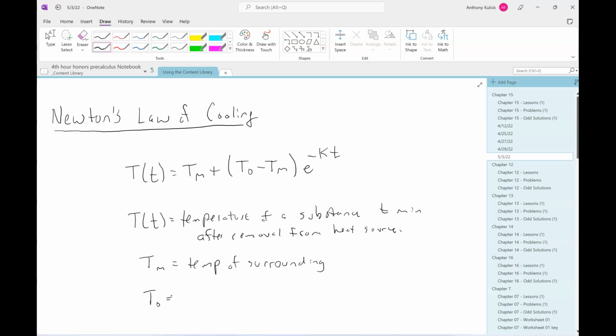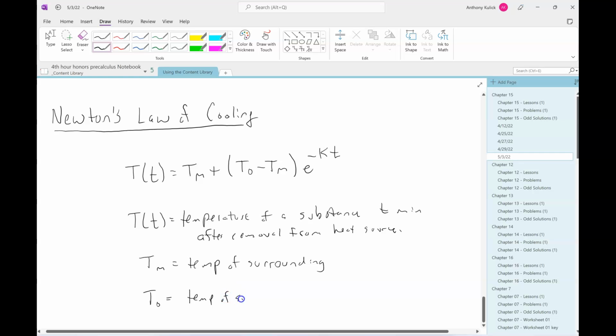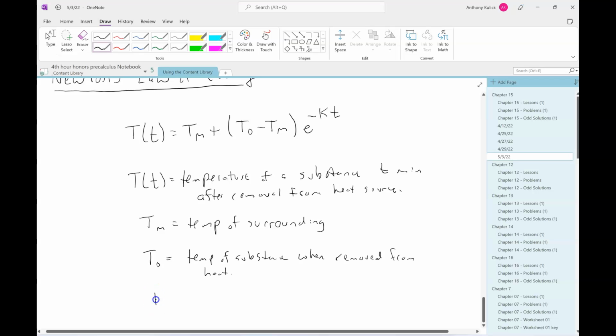All right, T naught is the temperature of the substance when removed from the heat source. K is a constant, but that constant is specific to the substance that you're heating up.